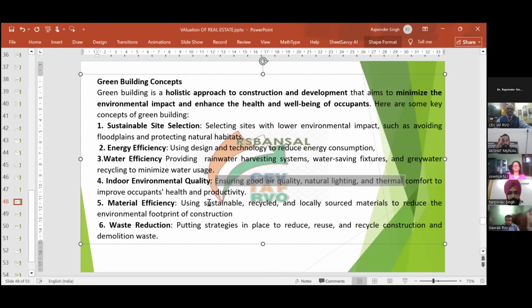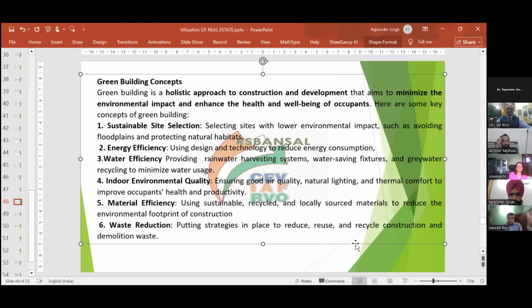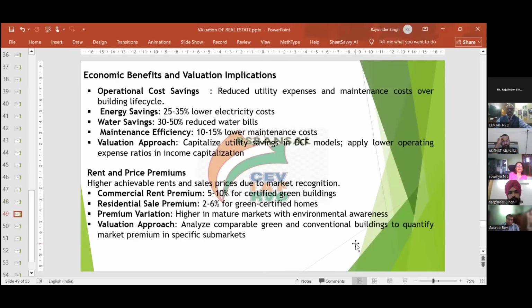And we should use sustainable, recycled, and locally sourced material to reduce the environmental footprint of construction, and put a strategy in place to reduce, reuse, and recycle construction and demolition waste.